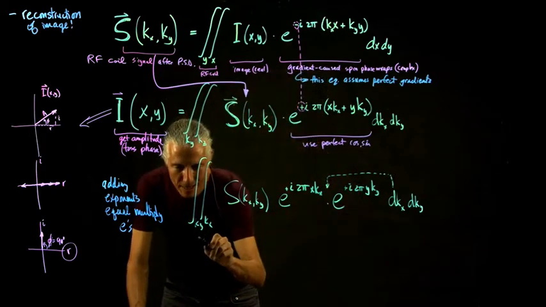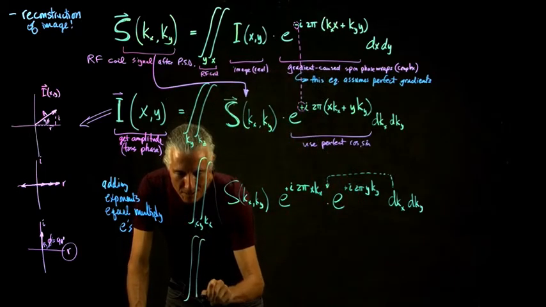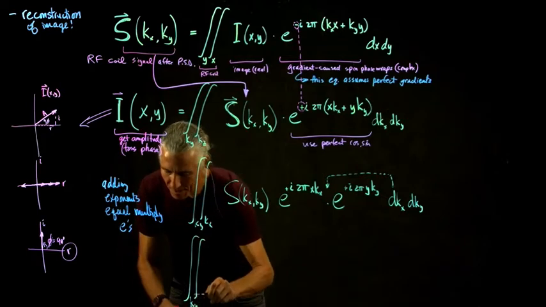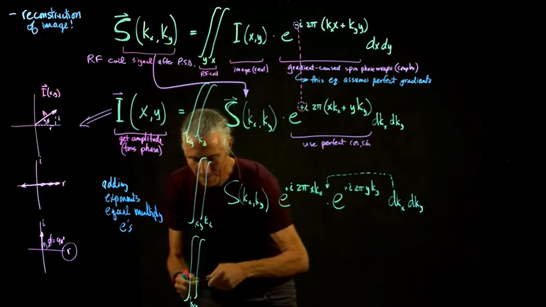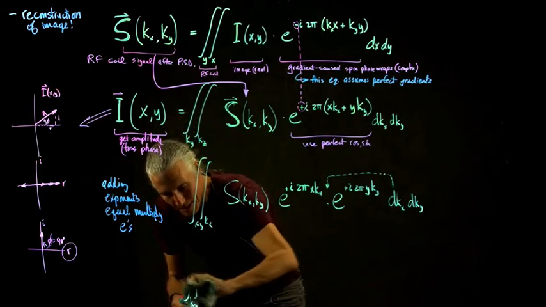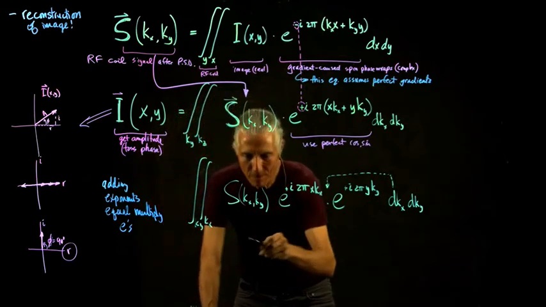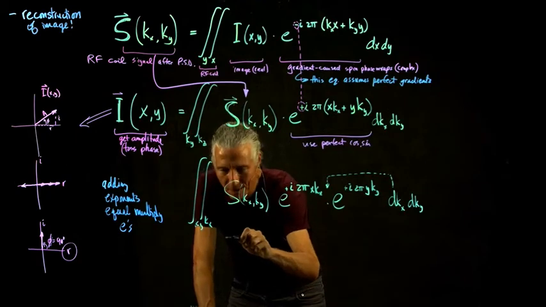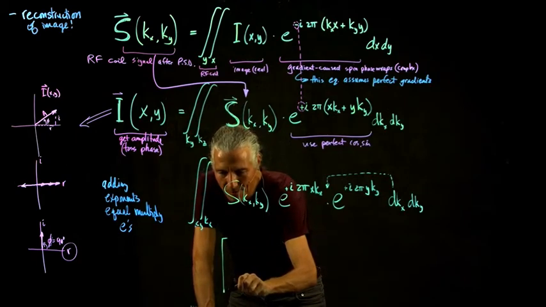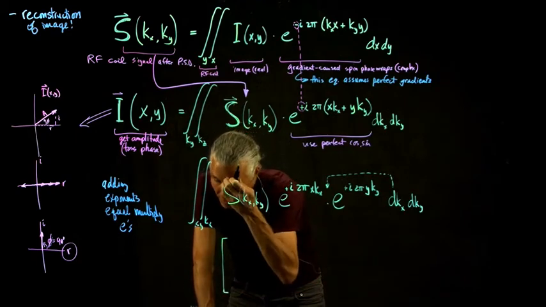So we could write it out again as a sum across all ky. Let's rewrite this as a 1D Fourier transform.